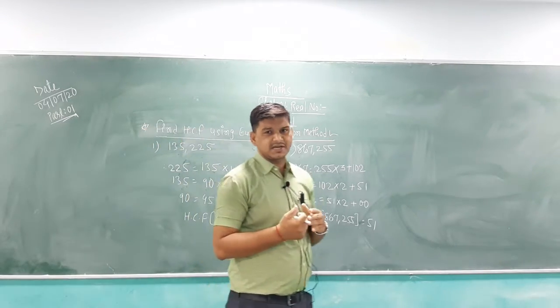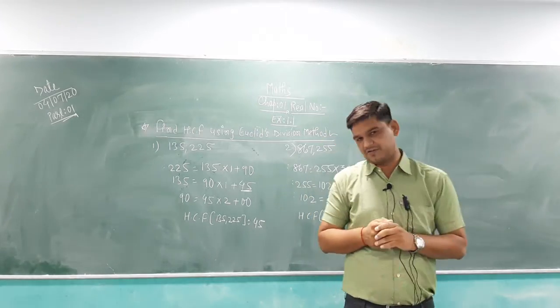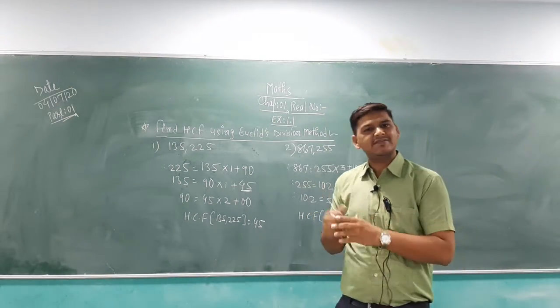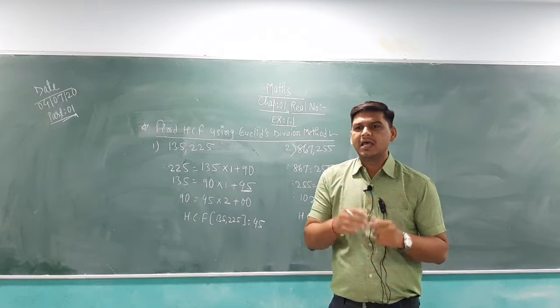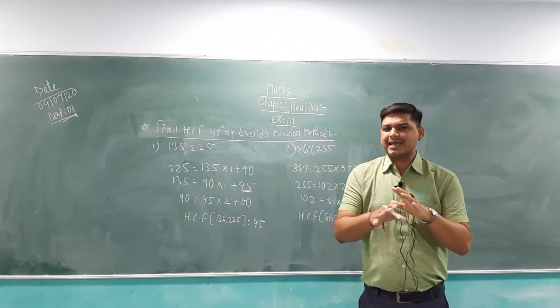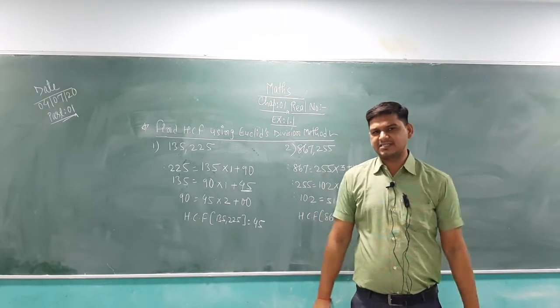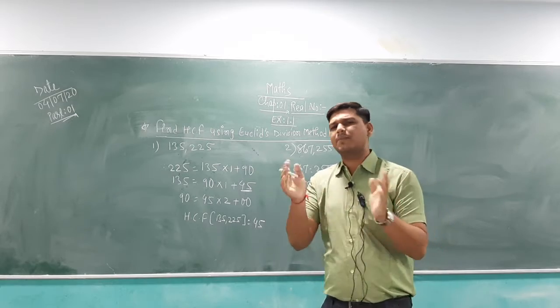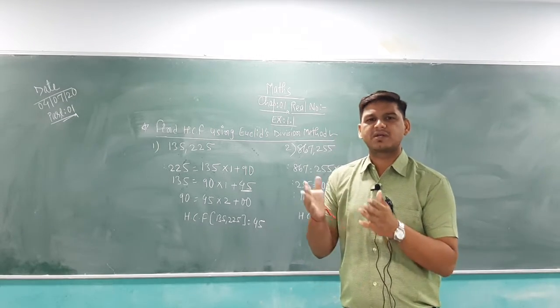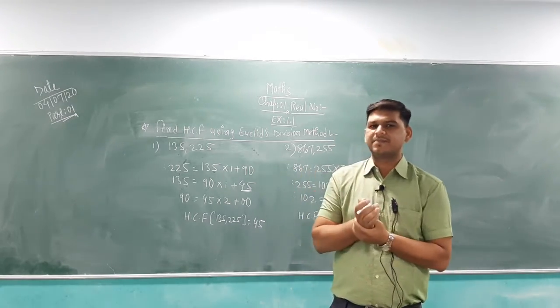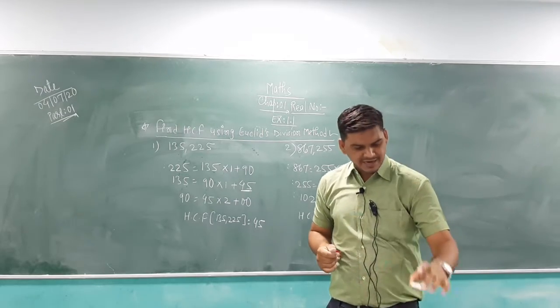Now if the question is given in a slightly different form, for example, any odd positive integer is of the form 6q plus 1, 6q plus 3, 6q plus 5. How can we prove that? Let me take one example.